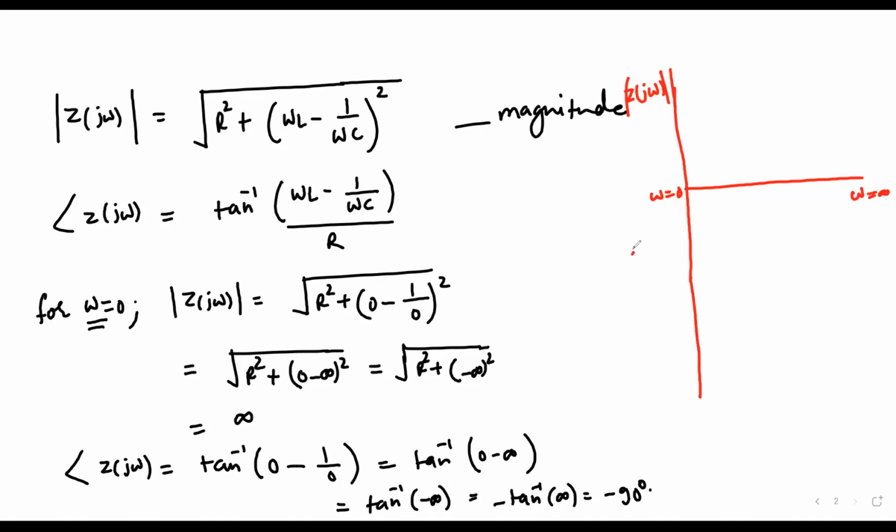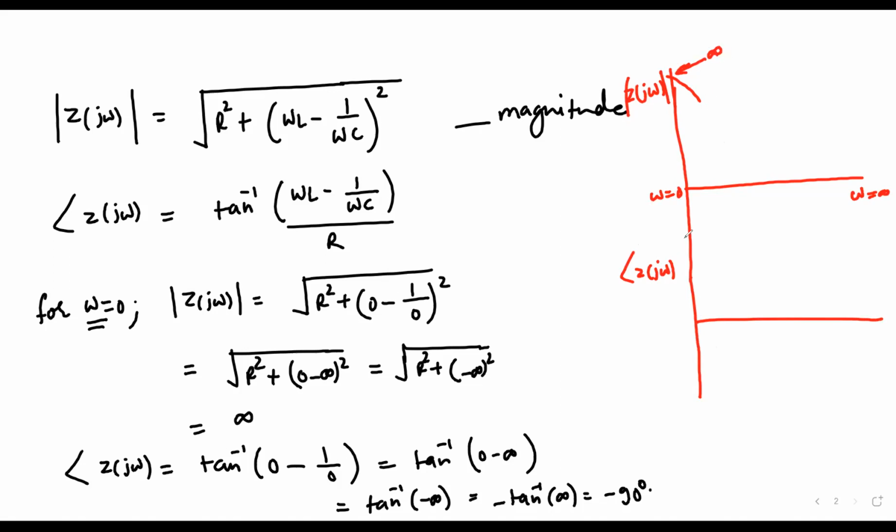And somewhere here we can plot the angle of the impedance with respect to frequency. So at omega equal to 0, this plot starts at infinity, a very high gain somewhere here. So the gain is very high. The impedance is very high, right? We can say that this is approximately infinite, this value right here.